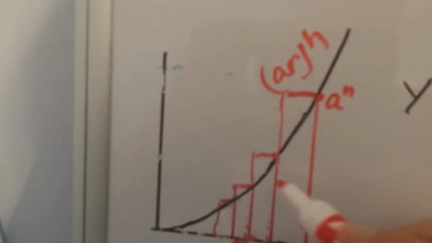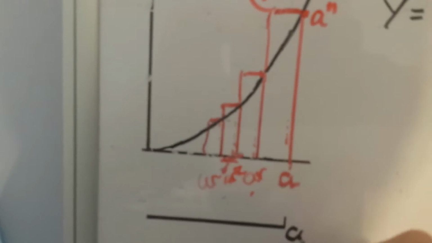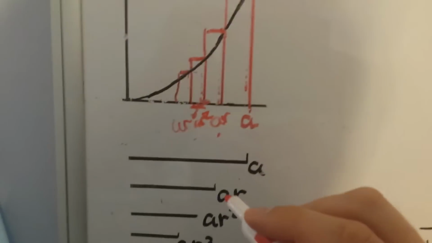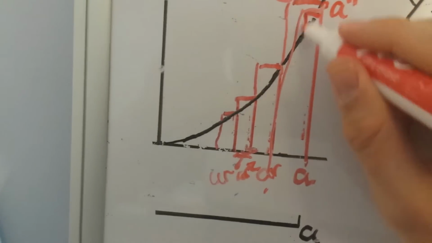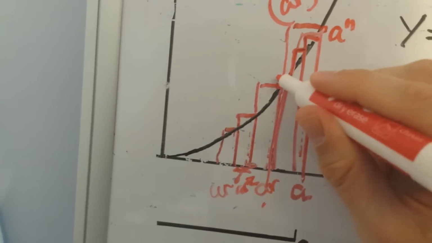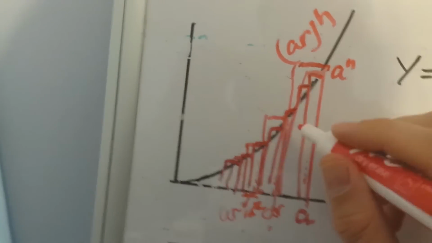because this isn't precisely the area of the curve, it's just the area of these rectangles added together. But it kind of depends on r. If r is closer to 1, then these rectangles become more and more precise the closer r is to 1.